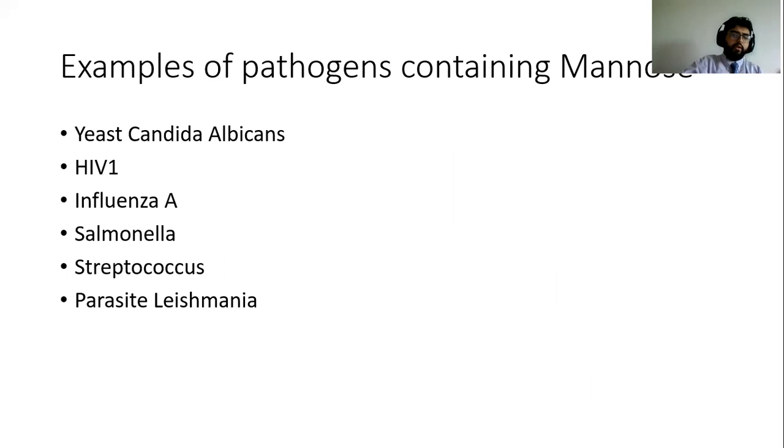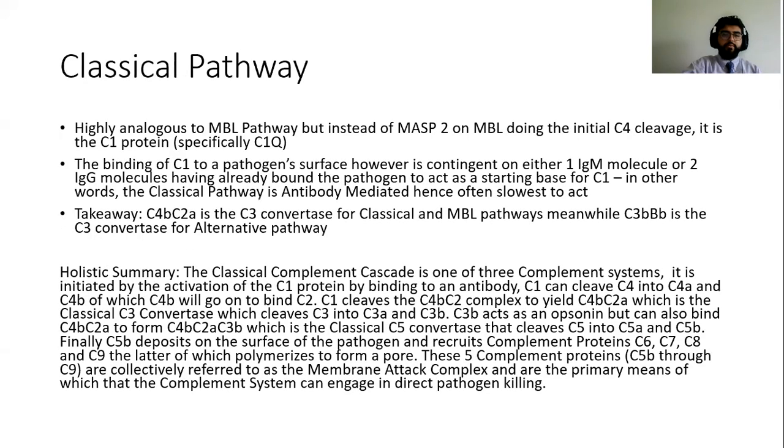Salmonella is a bacteria, one of those gram negatives. Streptococcus as well, but Streptococcus on the other hand is a gram positive cocci. And then you also have parasites, like multicellular organisms. So it doesn't have to be bacteria. A lot of pathogens have mannose on their cell surface.